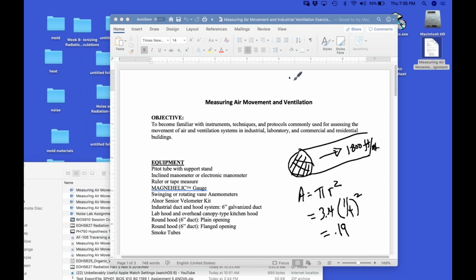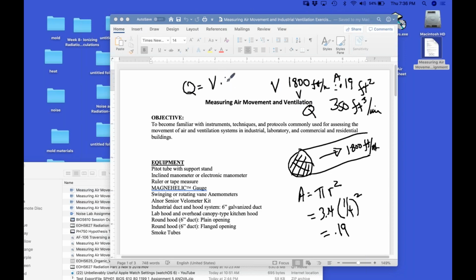So now 1,800, which is the velocity in feet per minute, times the cross-sectional area, 0.19 feet squared, right? Multiply those out, we got 350 cubic feet per minute. That's our Q. So this is Q, this is V, and this is the cross-sectional area. So Q is equal to V times A.